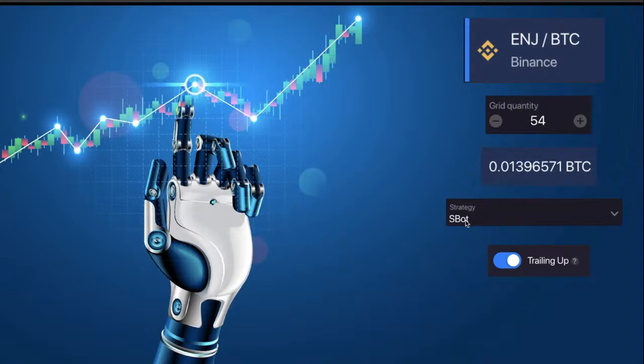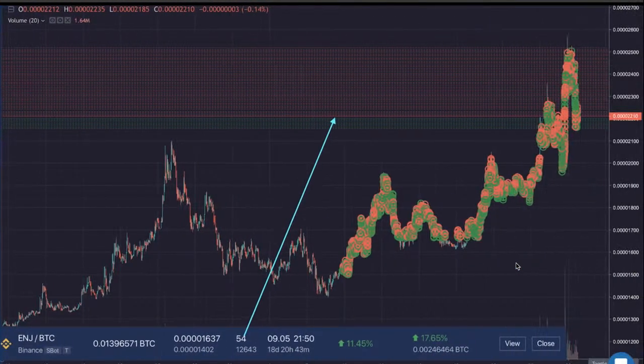The strategy that I used was the SBot, and I had this trading up function on. So that means that I was able to seize almost every market swing, so I was able to stay in the game till the very last higher high.